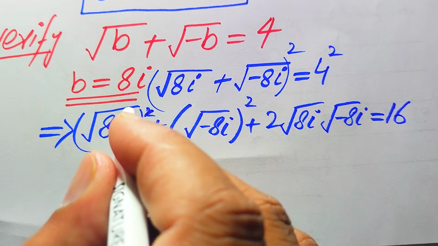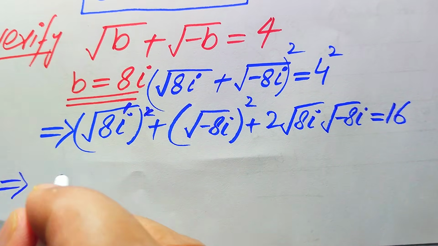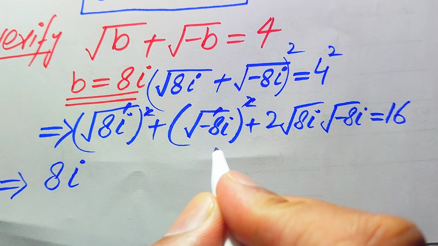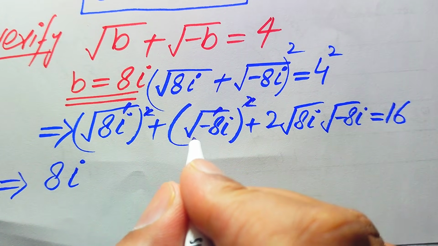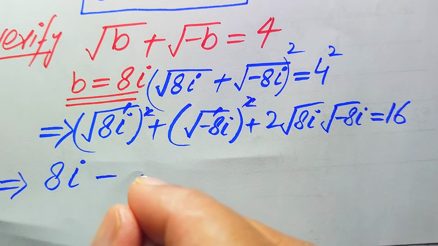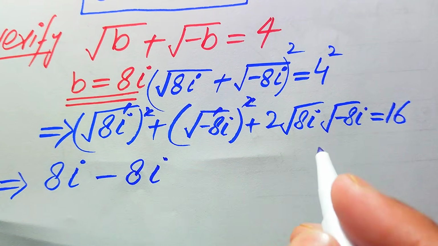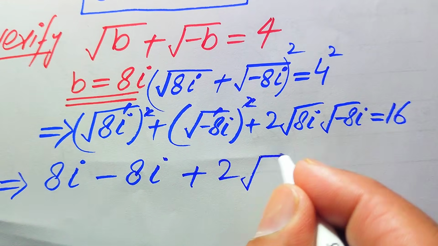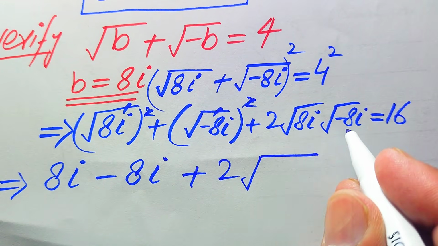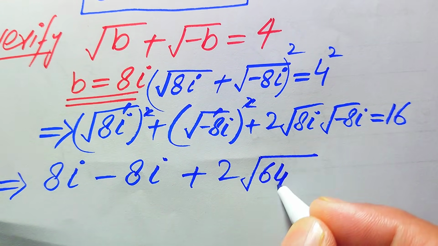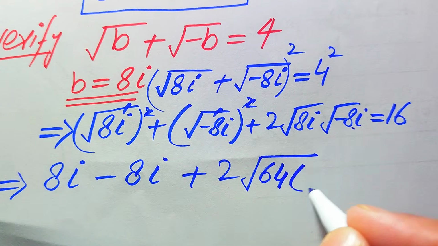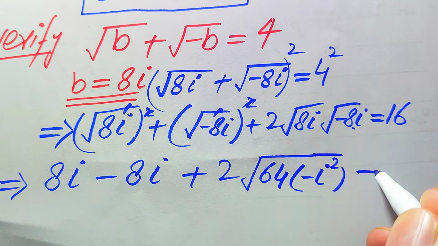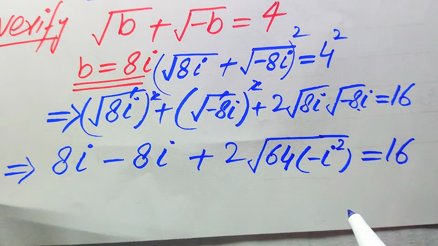Again you see that the square and square root cancel each other out, and we get 8i. Then we get -8i. Combining the square root of both terms, it becomes 2 times √(8 × 8 = 64, and i multiplied by -i becomes -i²), equal to 16.